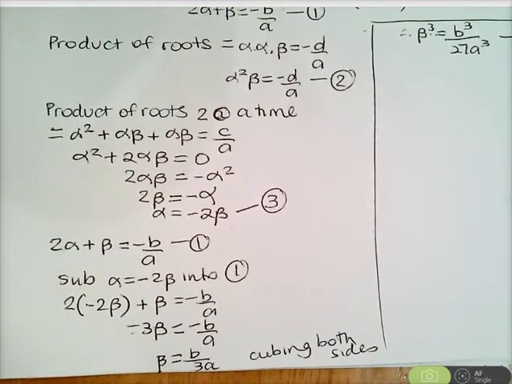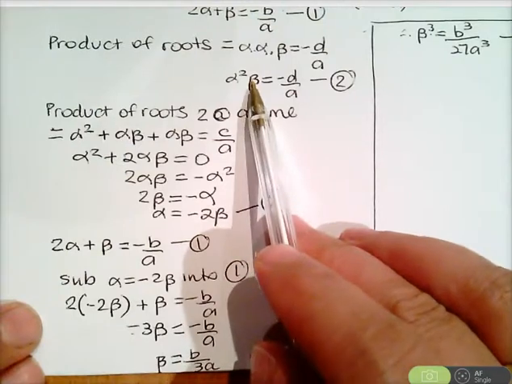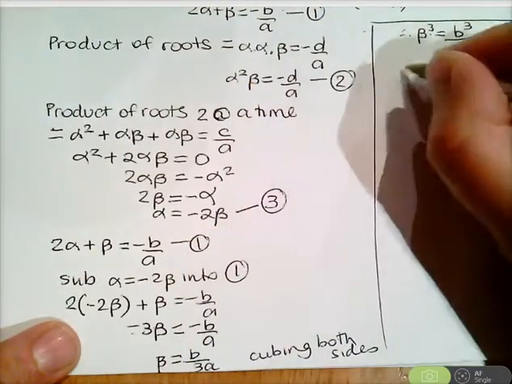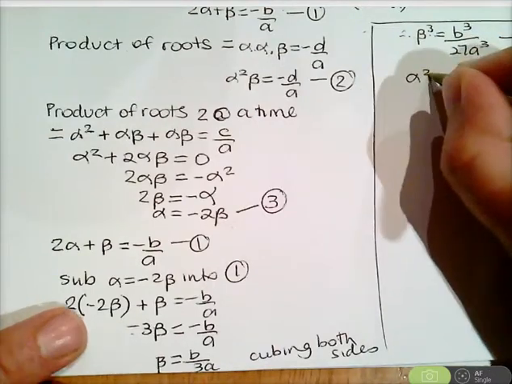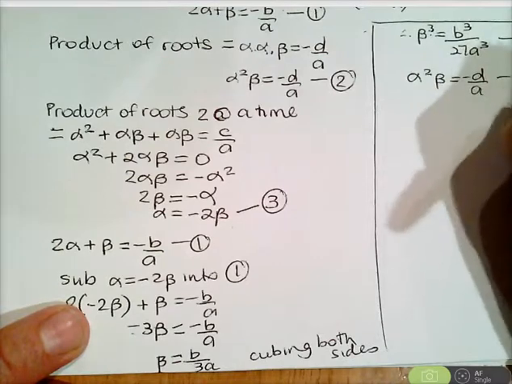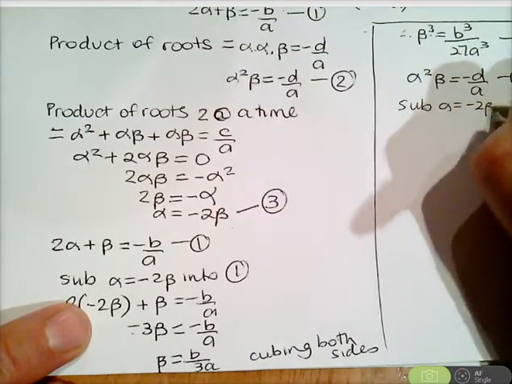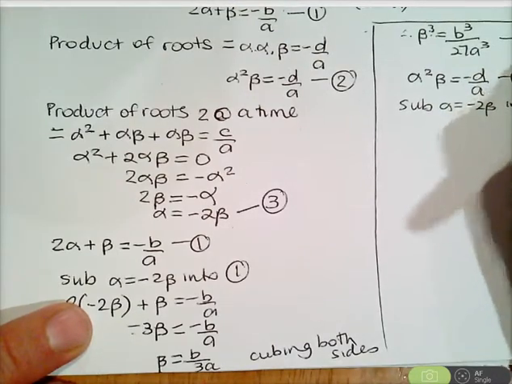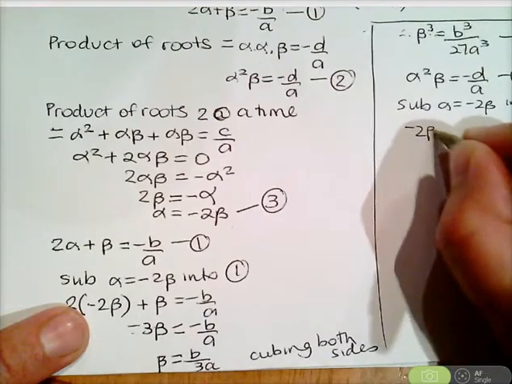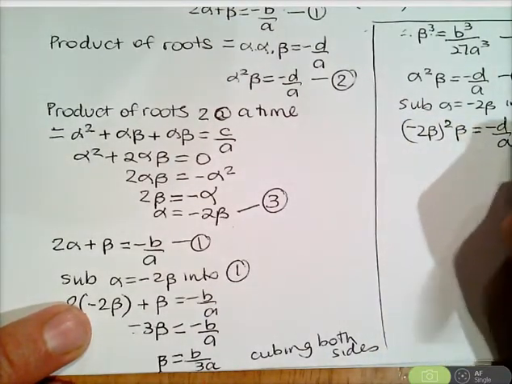Now let's look at this expression here, and we can again do a substitution for alpha. So let's look at equation 2. Alpha squared beta equals minus d on a. That's equation 2. If we sub alpha equals minus 2 beta into equation 2, we get that minus 2 beta squared times beta equals minus d on a.